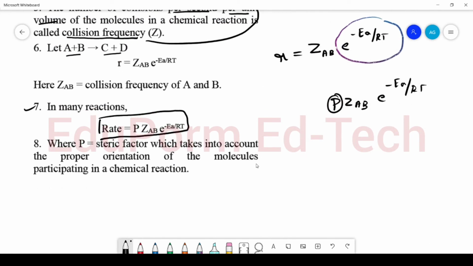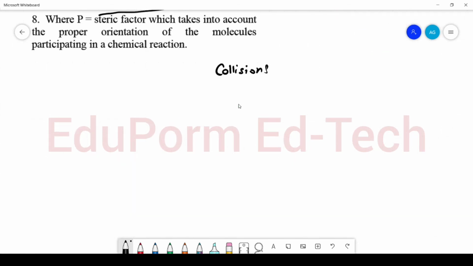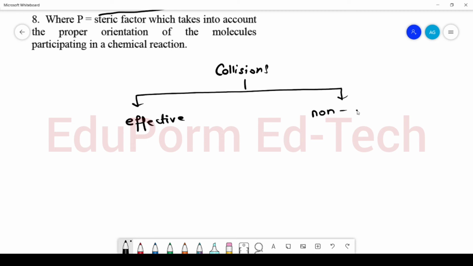Now, let me tell you that these collisions are of two types. First, we have effective collisions. And second, we have the non-effective collisions.